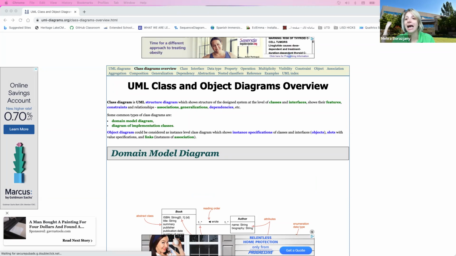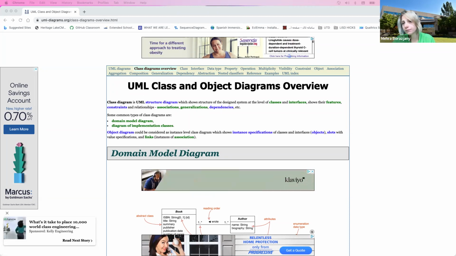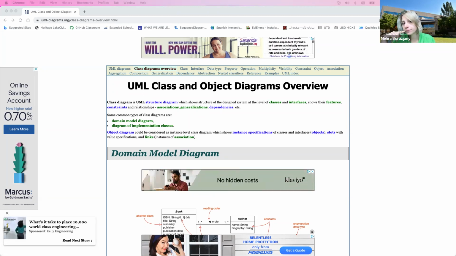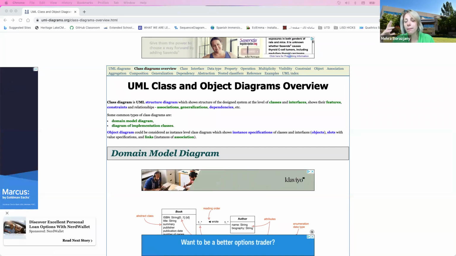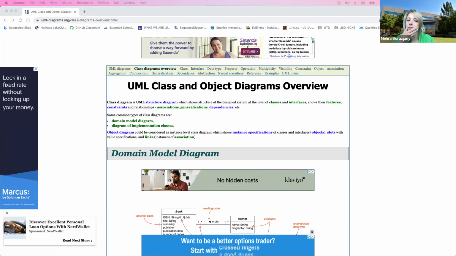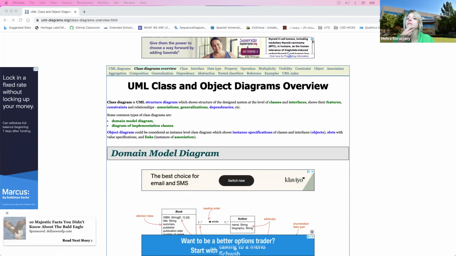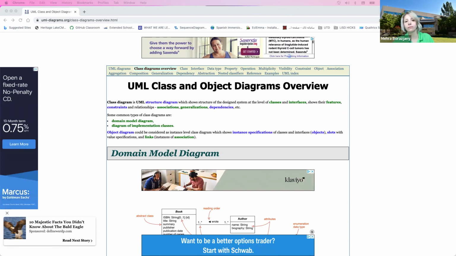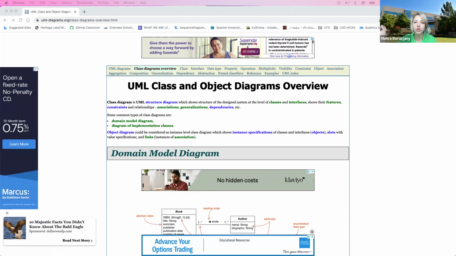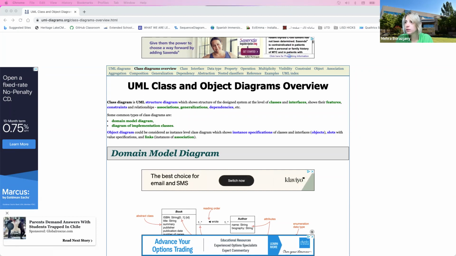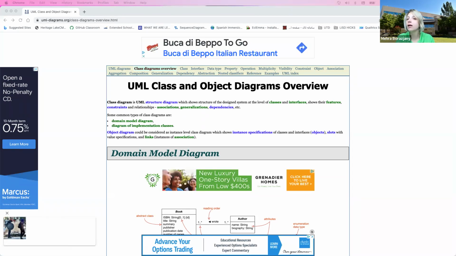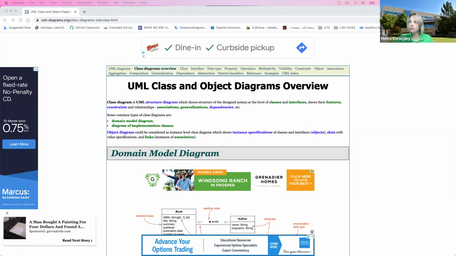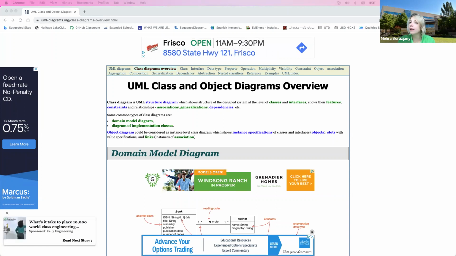So anybody know what abstract means? Then we said a class is abstract or a method is abstract. What does that mean? It means we've declared it, but there's no direct implementation of it. We just know it exists. Exactly. It's just a signature of it, right? There's no implementation associated with it, because the implementation, the behavior, depends on that class. Whoever implements this is going to tell us exactly what the behavior is going to be, right?